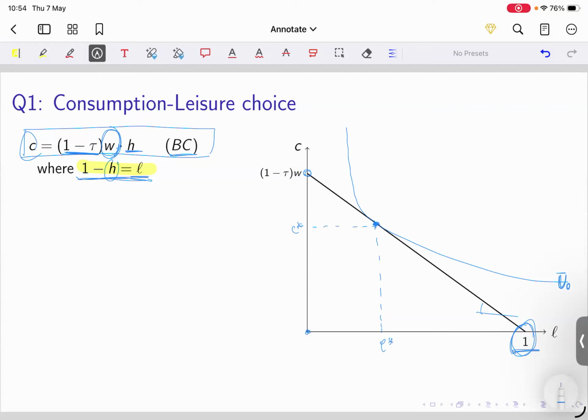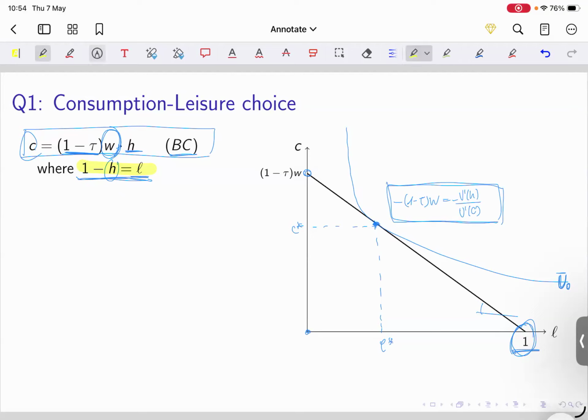And you remember this from your, again, Micro 101 course or from the optimality condition of the household problem. This is given to you by an equality of the slope of your budget line here, so minus 1 minus tau W, for example, and the ratio of the marginal disutility, say, of labor over the marginal utility of consumption. This is the optimality condition, algebraically speaking.